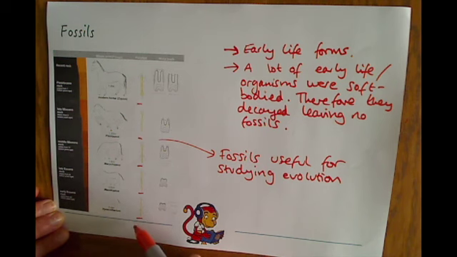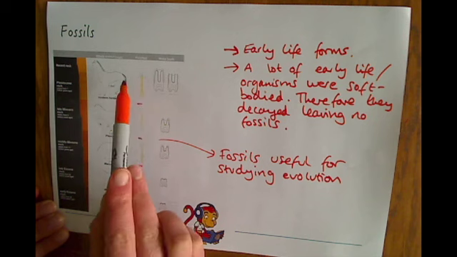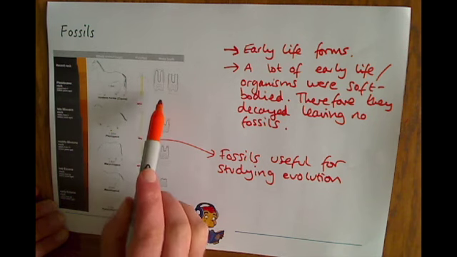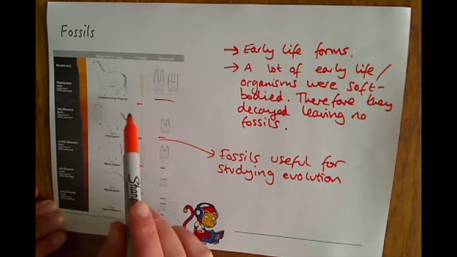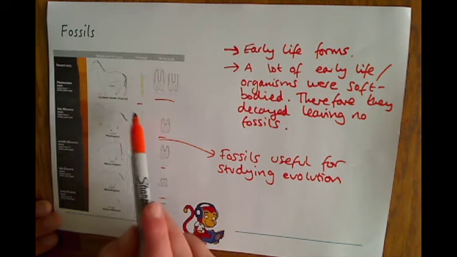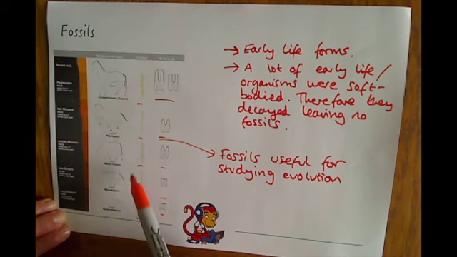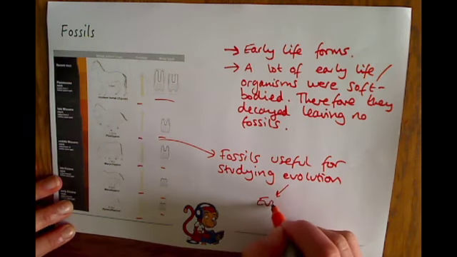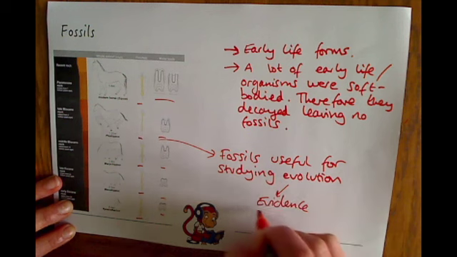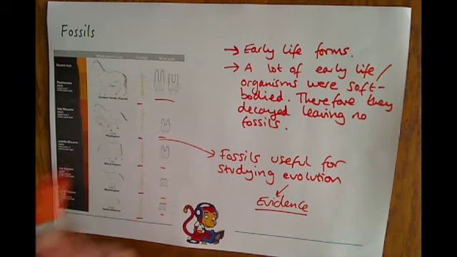So from some that have been found in rock over 50 million years ago to the present day horse, not only the teeth but also the bones have evolved and changed shape so much. So looking back at the fossils provides us evidence for evolution, so it gives evidence that evolution is happening and the animals are changing over time, and we can see how much or how little organisms have changed over time.